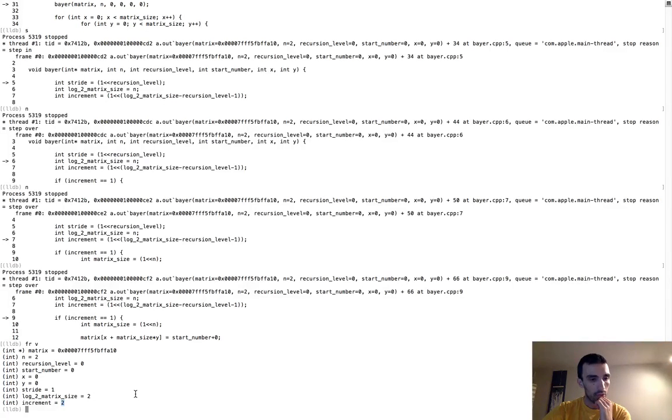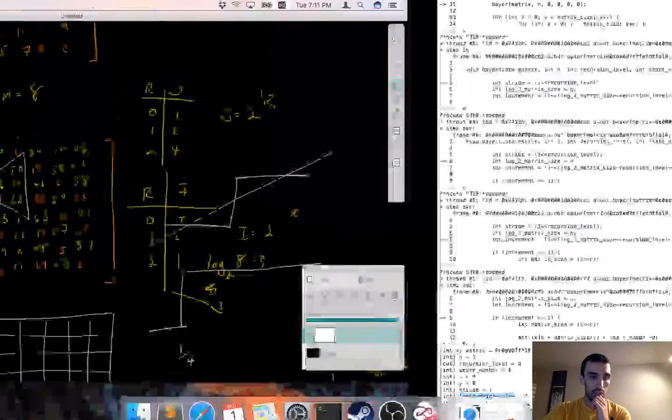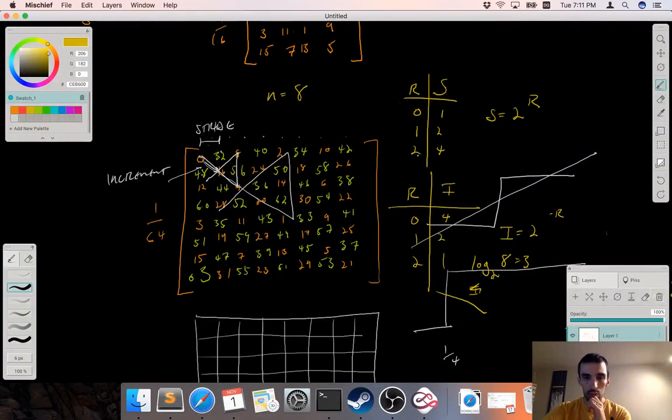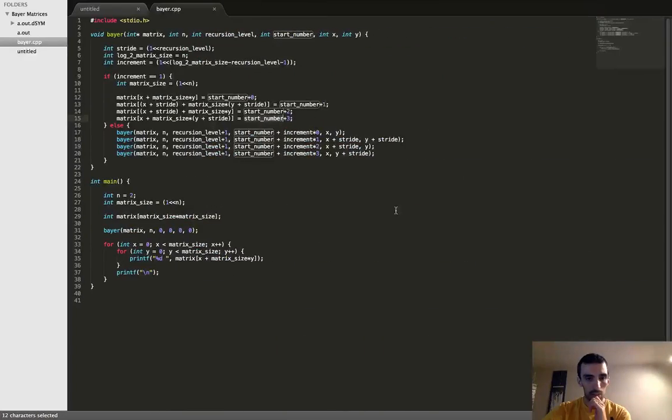Should be 4. Yeah, see? So log 2 matrix size is 2, minus recursion level 0, 2 minus 0 minus 1 is 1. So that's 2 to the 1, which is 2. But at recursion level 0 it should be 4. So I think this minus 1 is wrong.